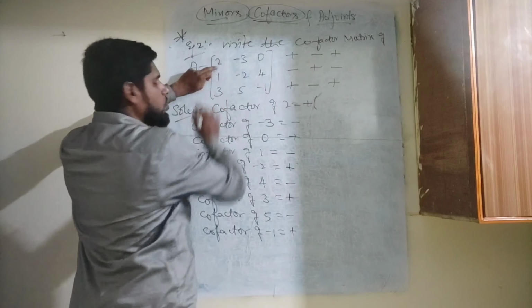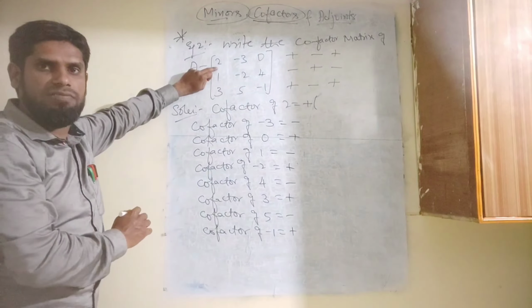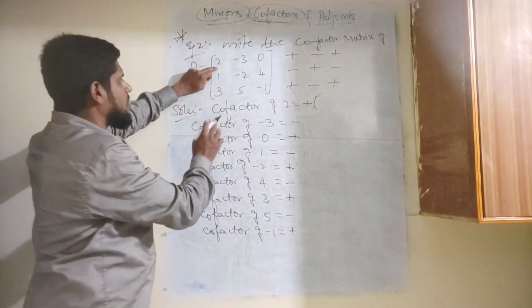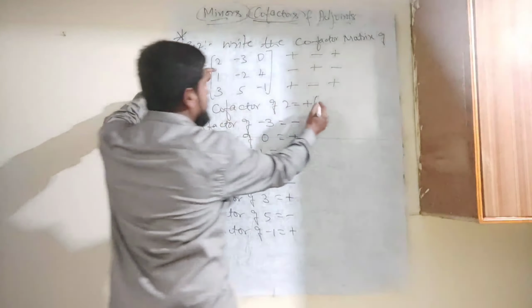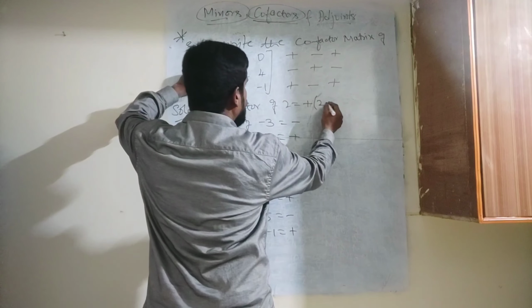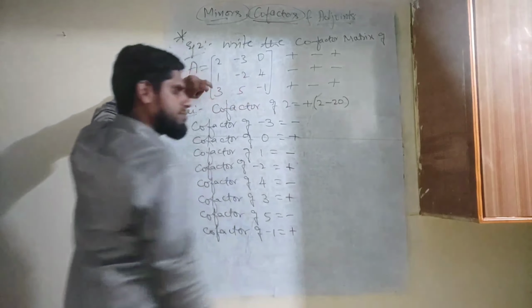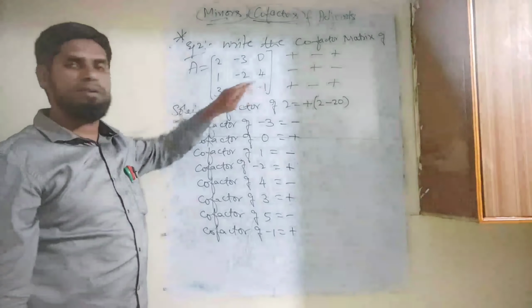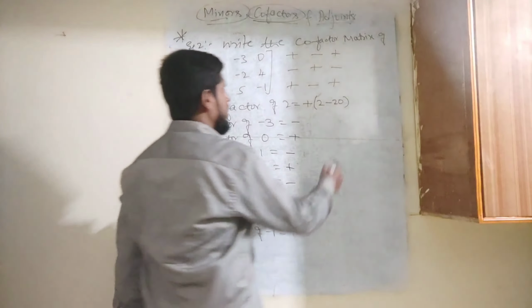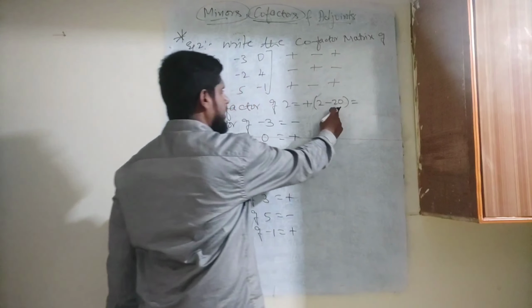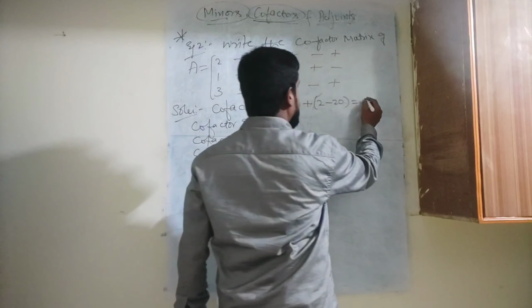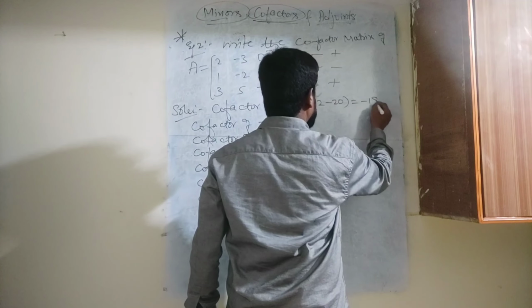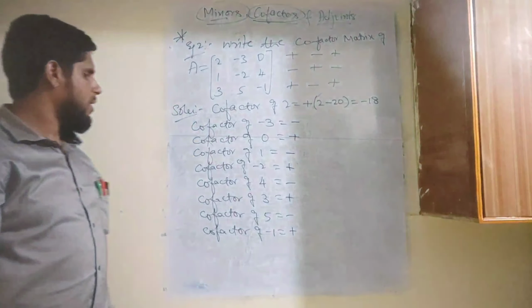So first, 2. This 2 is present in the first row and first column. So after eliminating that, I get minus into minus plus 2 minus 20, 4 into 5 is 20. So finally it is -18, plus into minus, it's -18.